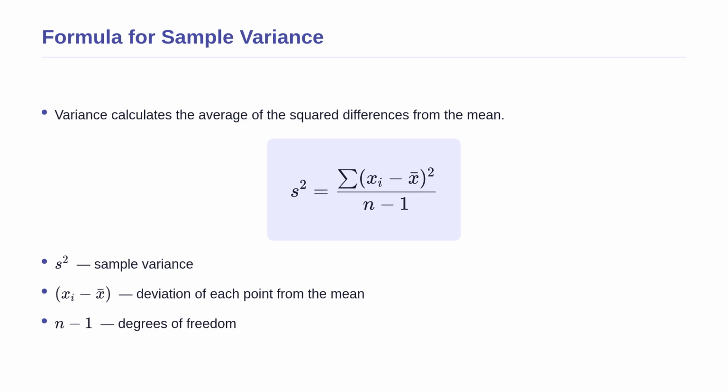We square this difference so that positive and negative deviations do not just cancel each other out to 0. The denominator, n minus 1, is called the degrees of freedom. We subtract 1 to correct for the fact that a sample usually underestimates the true variation of a full population. If data points move further from the mean, the variance grows larger.